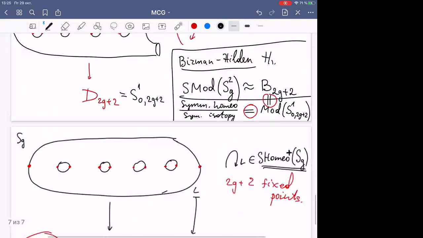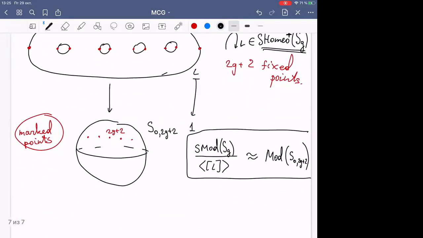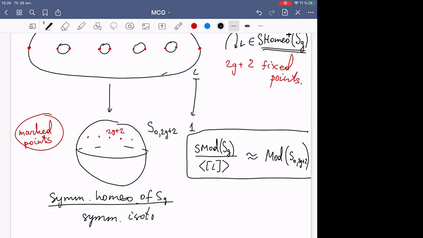And again, we see that in this situation, we also know that symmetric homeomorphisms of S_g up to symmetric isotopy are isomorphic to the mapping class group of the 2g plus 2 punctured sphere.